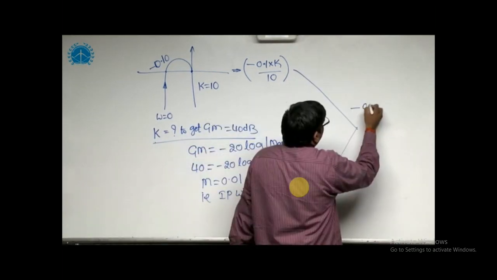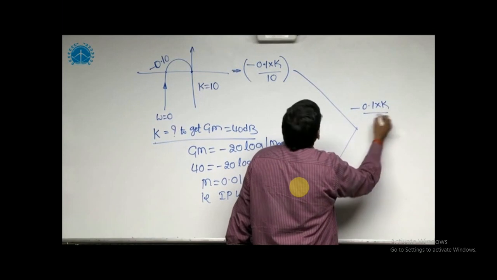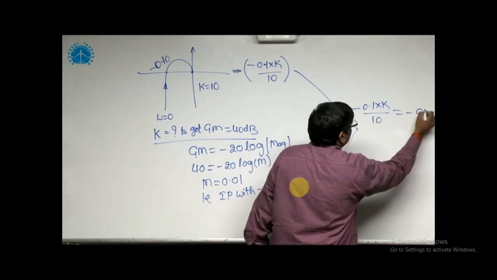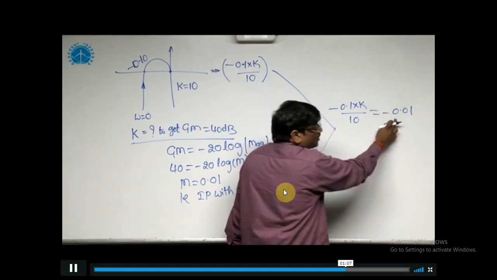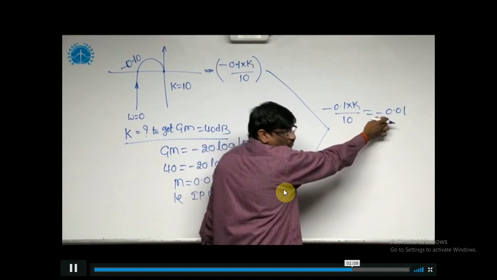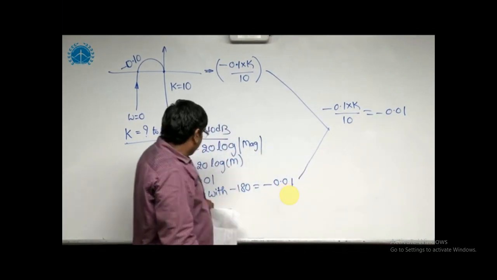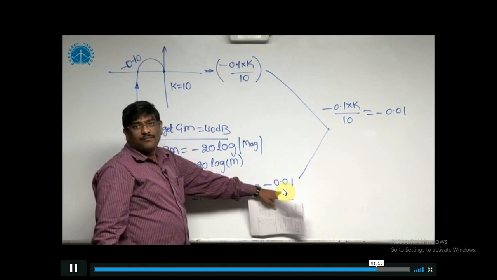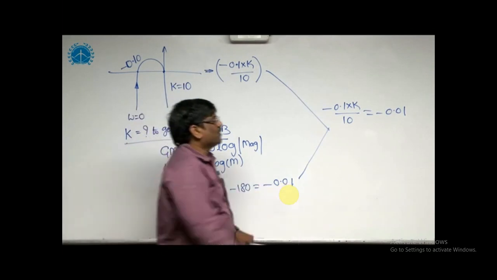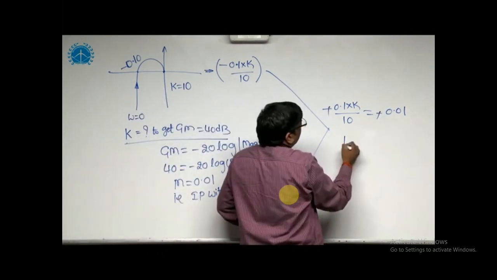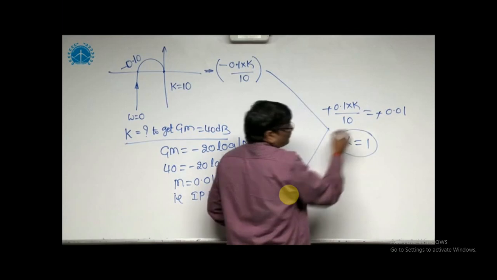Minus 0.1 into K by 10 equals minus 0.01, because we find the K value to get the gain margin equal to 40 dB. So to get 40 dB, the intersection point should be minus 0.01. If you solve this, you will get K equal to 1.